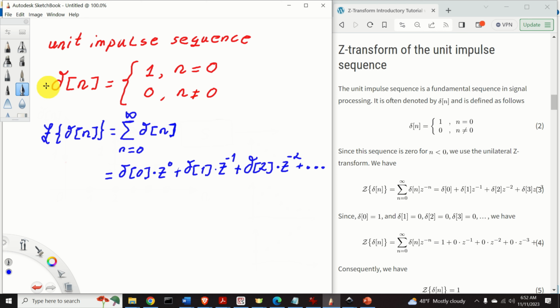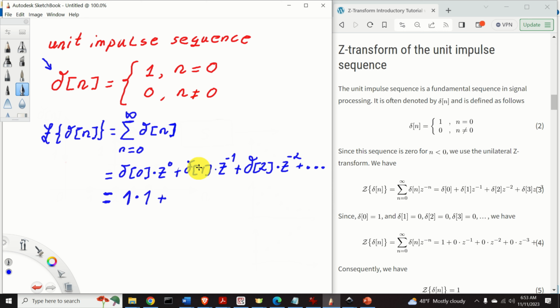Stop here and go back to definition. We can see that delta of n is actually equal to 1 only when n is equal to 0. This means the following. This term over here will be actually equal to 1. Multiplying z to the power 0 is actually 1.